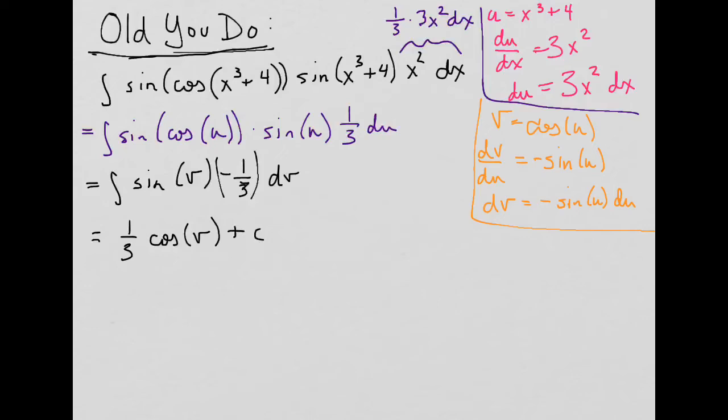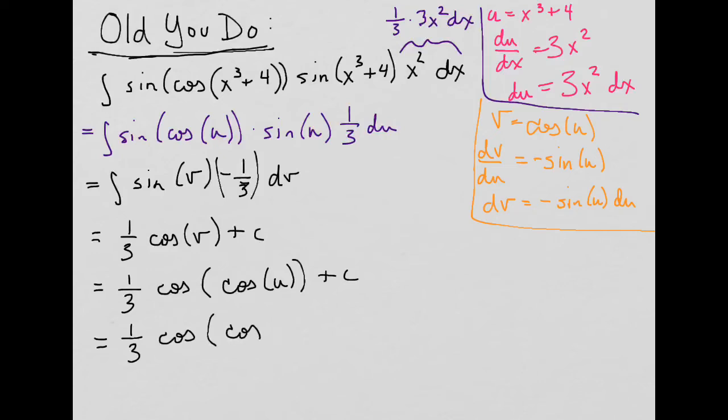And v is equal to cosine of u, so 1/3 cosine of u plus c, and u is x cubed plus 4. So that's going to be 1/3 cosine of x cubed plus 4 plus c.